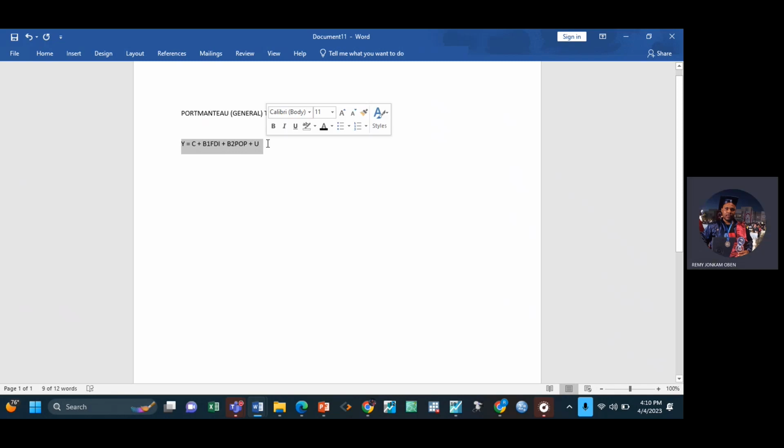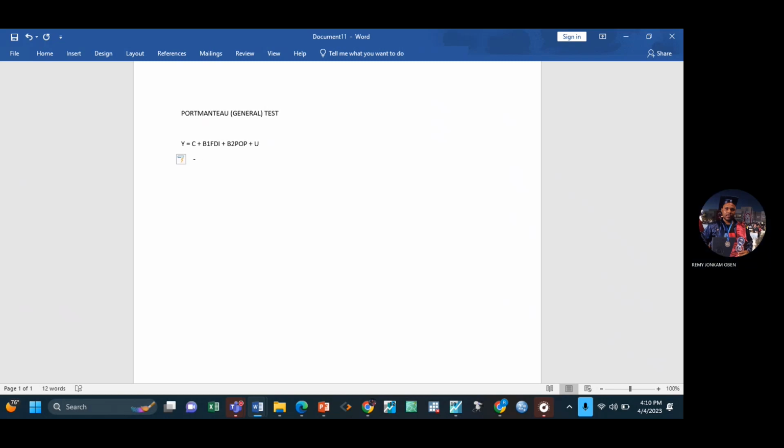There is no power, because the power is 1, right? Okay. Now, we can have two things related to linearity. We can have linear in the parameters, and we can also have linear in the variables, right?